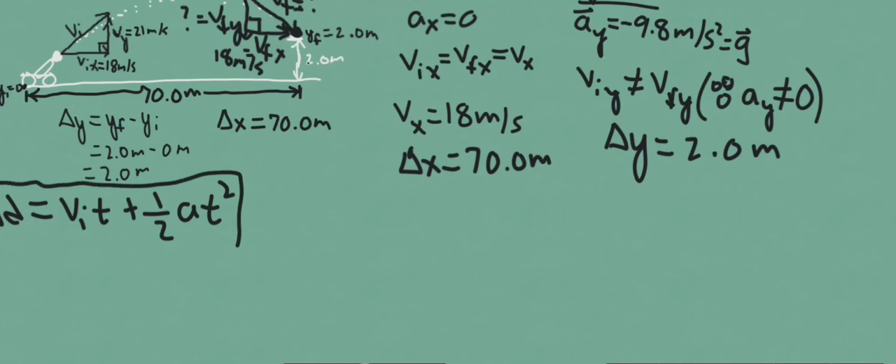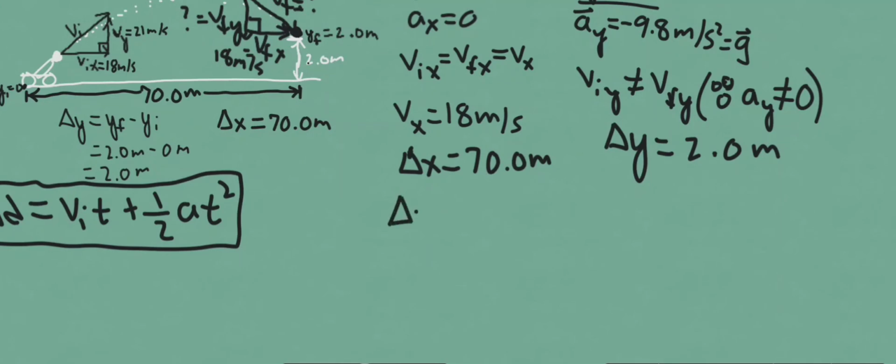So focusing on that, the reason why this equation is always delta x equals Vx times delta t is because acceleration in the x direction is 0. So if a is 0, then this term disappears, and you're just left with delta d equals Vi times delta t.